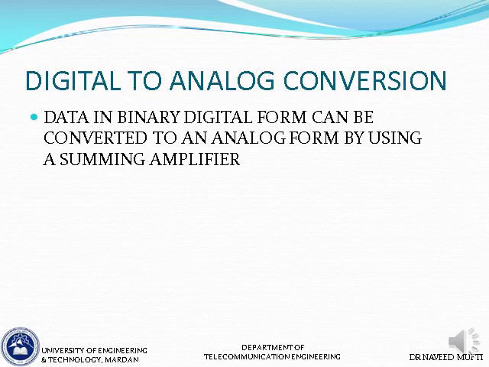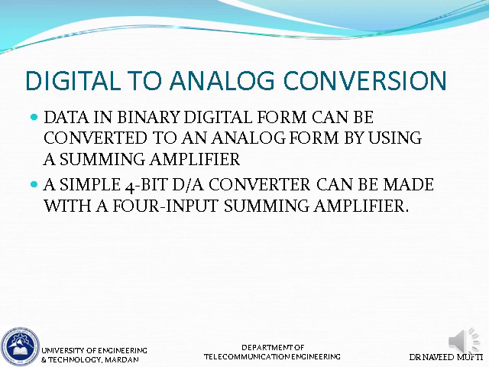And basically data which is in binary digital form can be converted to analog form by using a summing amplifier. So we have studied the hardware that can do digital to analog conversion. It is just an application of amplifier, a summing amplifier that we studied a couple of semesters ago. So a simple 4-bit digital to analog converter can be made with a 4-input summing amplifier.